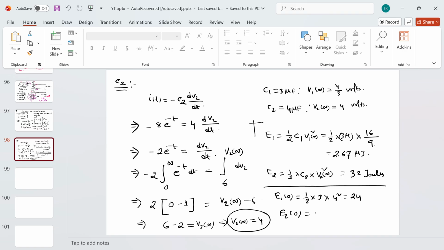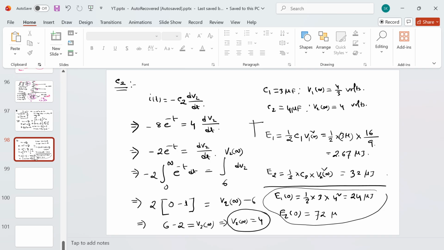It was 72 microjoules. These all are in microjoules. Now you can calculate the energy that got transferred into the external circuit.